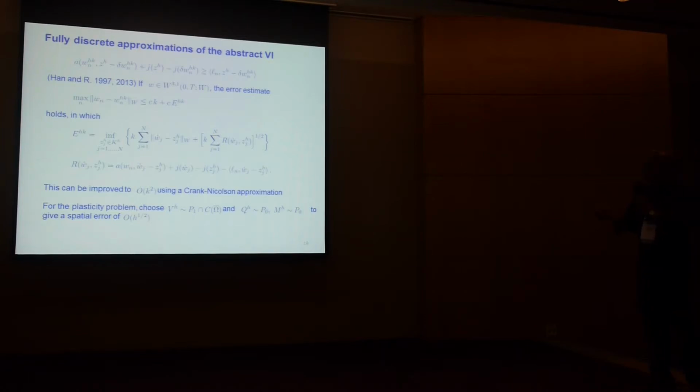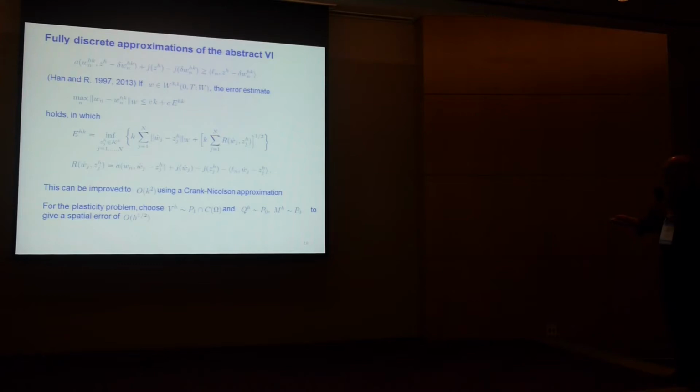What we have shown is that the total error, well, the error between my exact solution calculated at time tn and my fully discrete solution, that is discrete in space and time, is bounded by a constant times k, which is the time step, and then something here which looks a lot more complicated and which takes care of the spatial side of the error. Let me just say that the order k could be improved if I use, for example, a Crank-Nicolson approximation. I just haven't shown that.